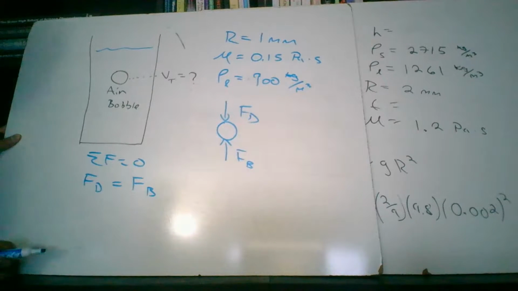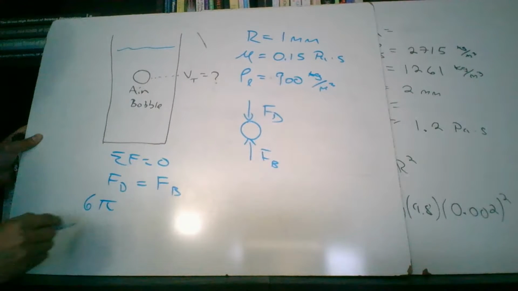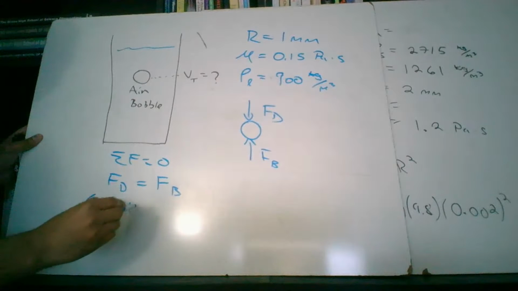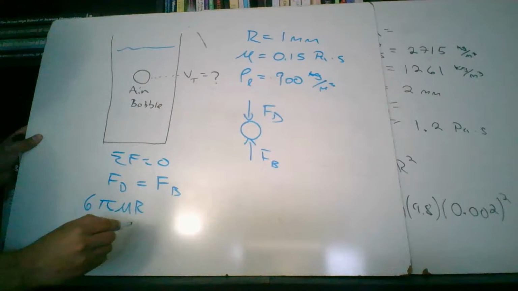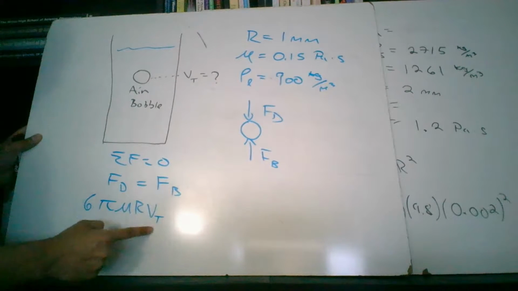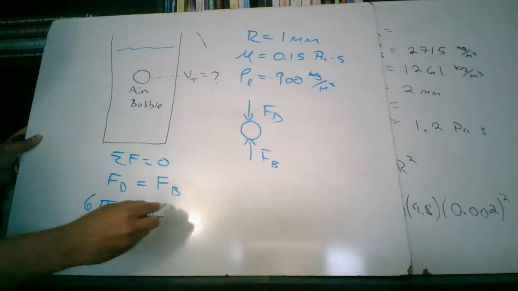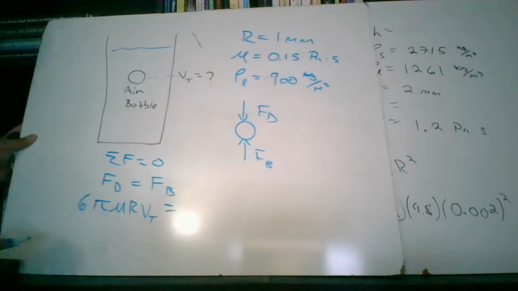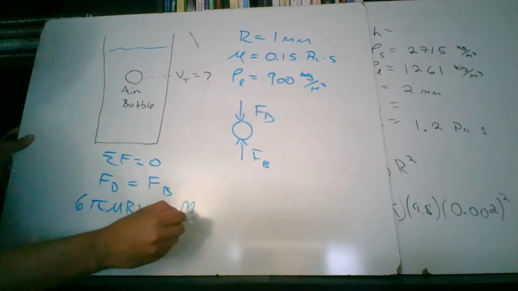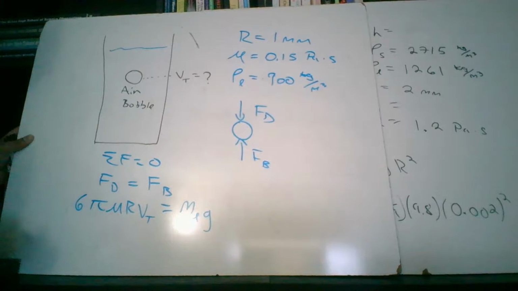And so the drag force is given to us by 6 pi mu r v terminal, not just any v. I can't set this equation equal to each other unless I call it v terminal. And the buoyant force is given to us by the mass of the liquid that's displaced times the gravity of that.